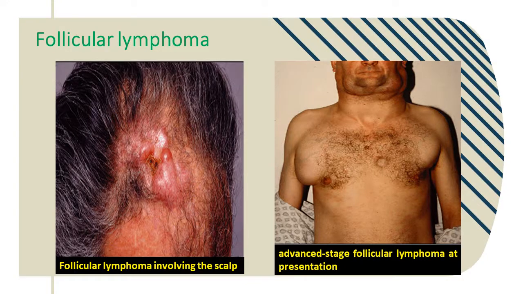Follicular non-Hodgkin's lymphoma usually presents as frequently generalized painless lymphadenopathy, as seen in the right picture. The patient may develop extranodal disease, such as follicular lymphoma involving the scalp.